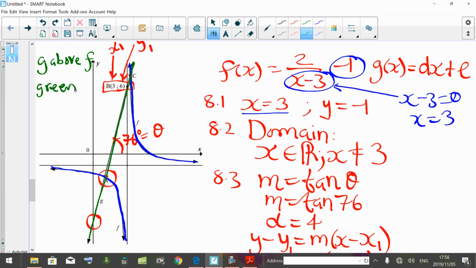Green above blue. Where is green above blue? So I'm going to highlight or mark off all the places where green is above blue. Starting here.